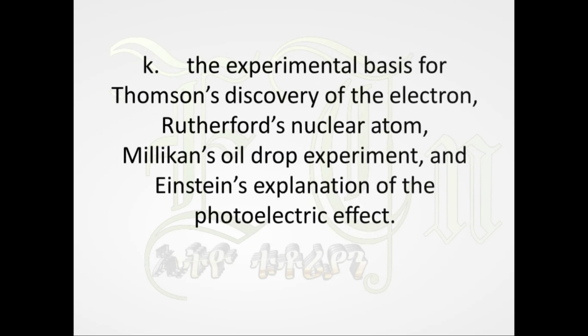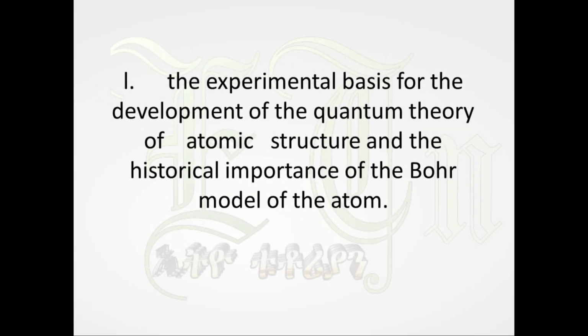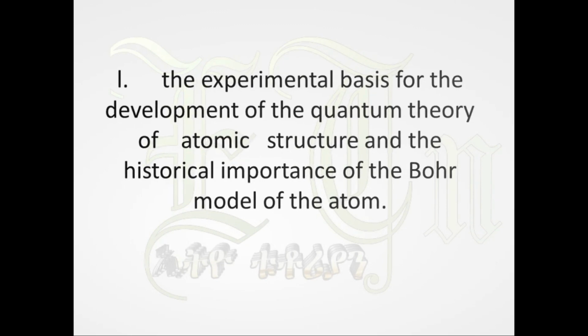K. the experimental basis for Thomson's discovery of the electron, Rutherford's nuclear atom, Millikan's oil drop experiment, and Einstein's explanation of the photoelectric effect. L. the experimental basis for the development of the quantum theory of atomic structure, and the historical importance of the Bohr model of the atom.